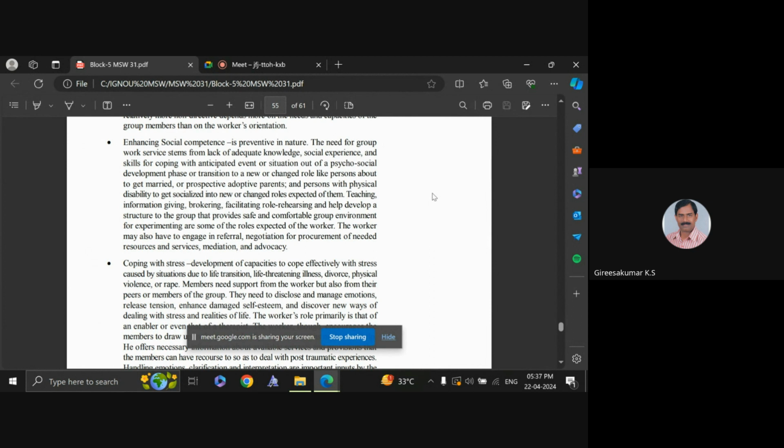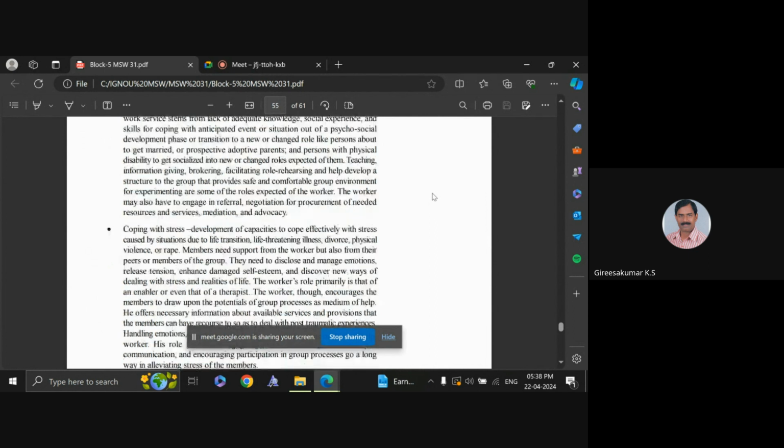Then coping with stress. Stress arises due to life transition, life-threatening illness, divorce, physical violence, rape, etc. And coping with the stress created out of these factors is needed, because the group members need support.